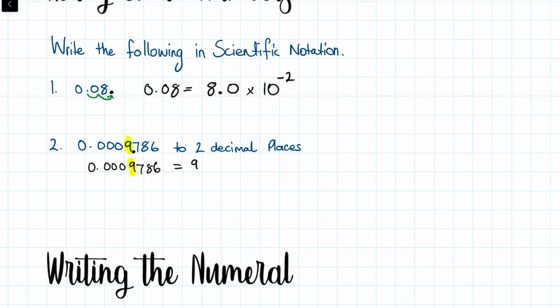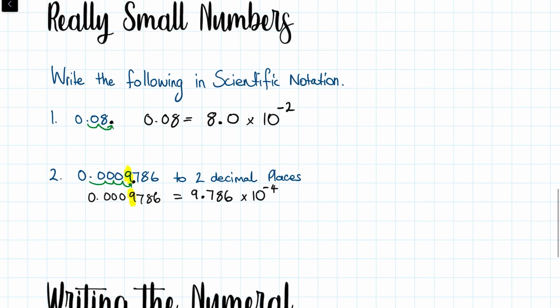So I'm going to end up having 9.8786. Then count how many times I moved it. 1, 2, 3, 4. So this one is times 10 to the power of -4, because we went the opposite direction from earlier.